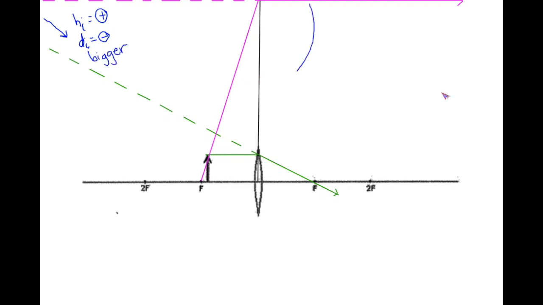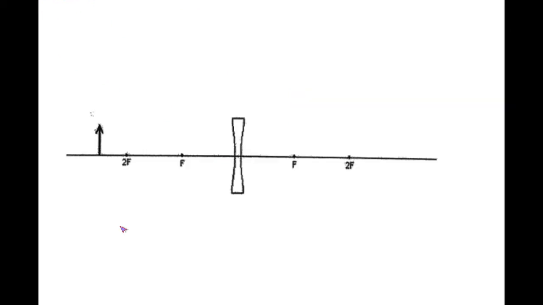And because these two rays are diverging, I know that it's going to be virtual. And if I actually wanted to calculate the height and the distance, I could because I have the focal length and I have the height of my object and the distance of my object.